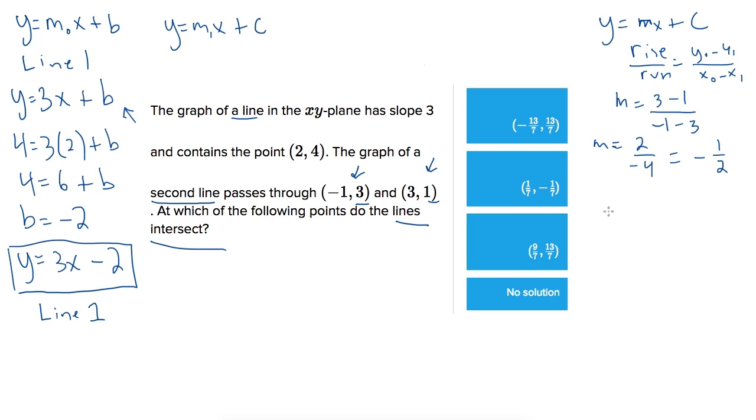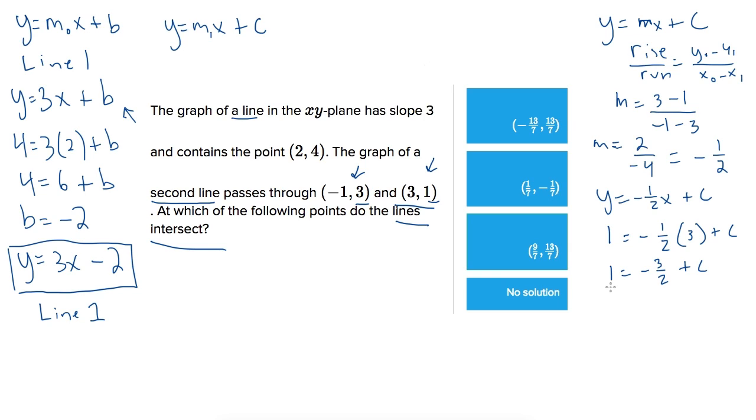And now we plug that in. So we have y equals -1/2 x plus c. And now we solve for c the same way we did the last time. Plug one of these points in, so we get 1 equals -1/2 times 3 plus c, which is the same thing as 1 equals -3/2 plus c.